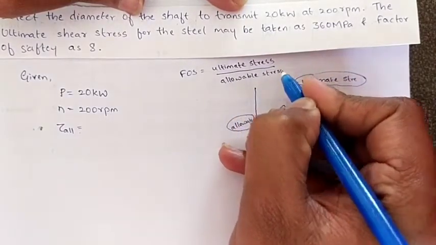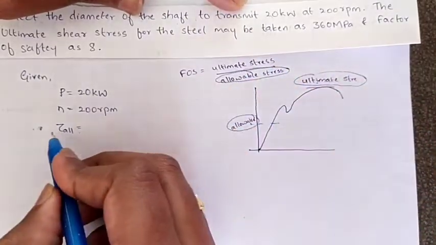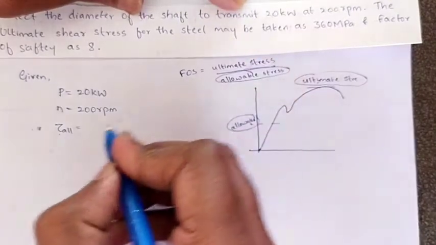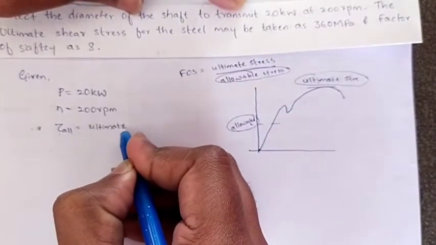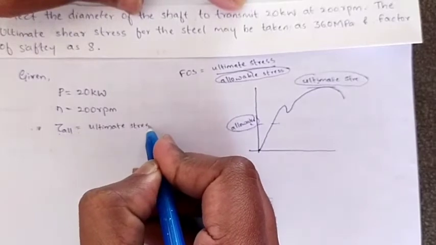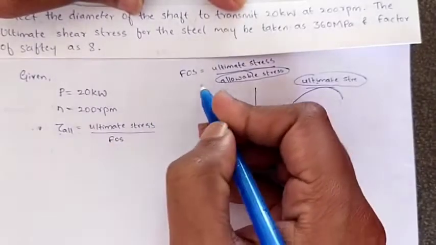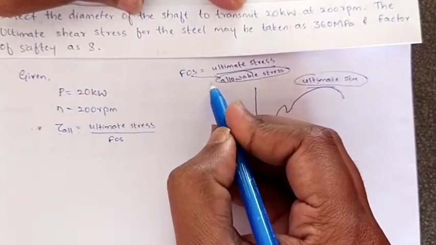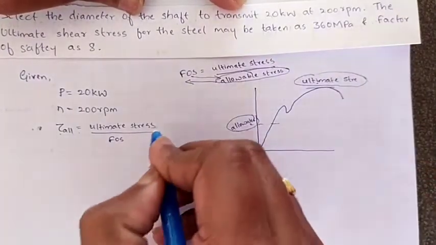Now we want the allowable stress, so tau allowable is equal to ultimate stress divided by factor of safety. We are just shifting the factor of safety and the allowable stress, so we get this formula.